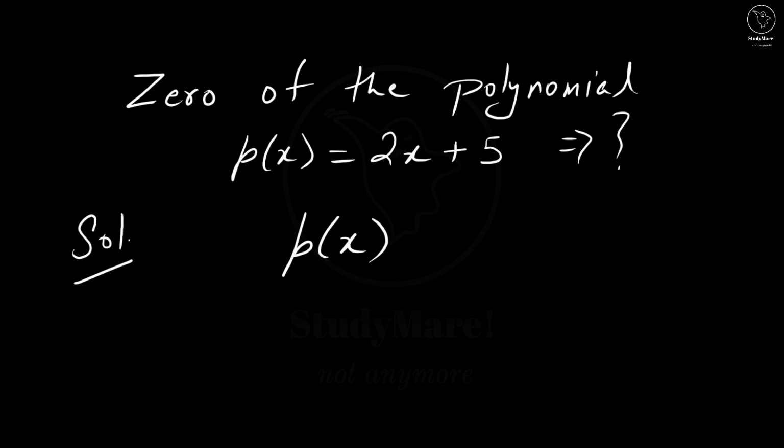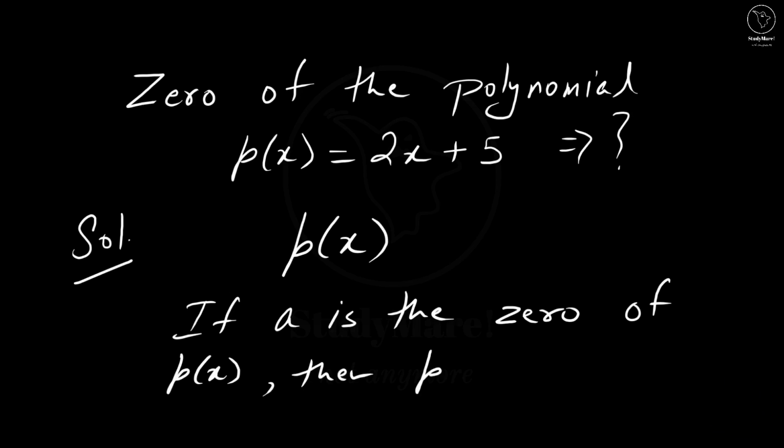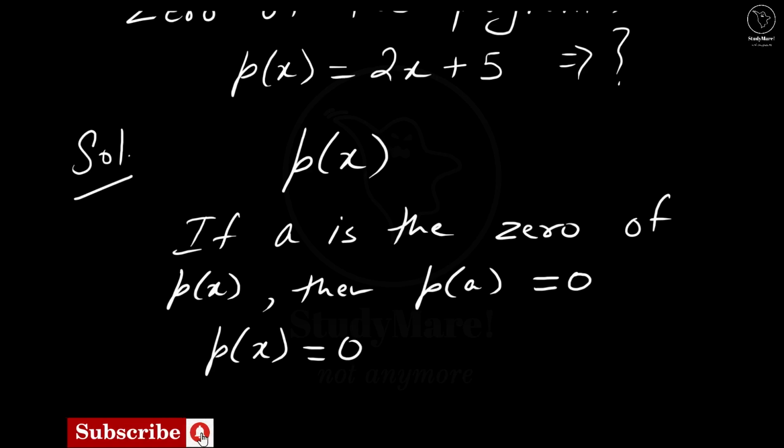In that case, we can write: if a is the 0 of p(x), then p(a) must be equal to 0. This means if we have to find the 0 of this polynomial, then this must be equal to 0.